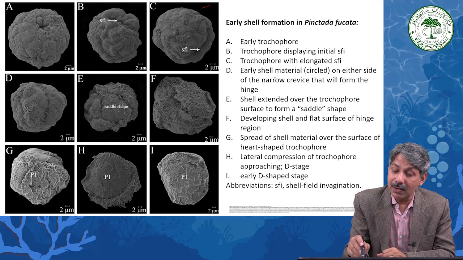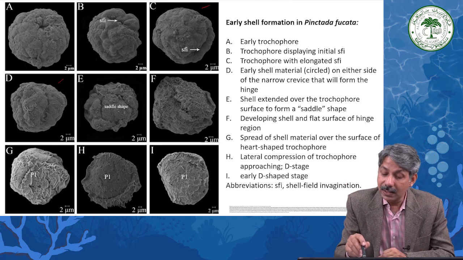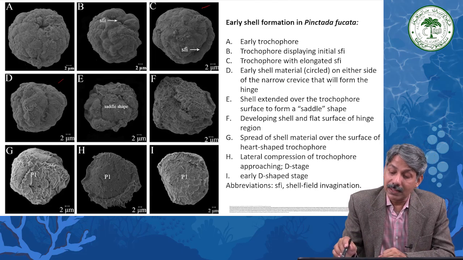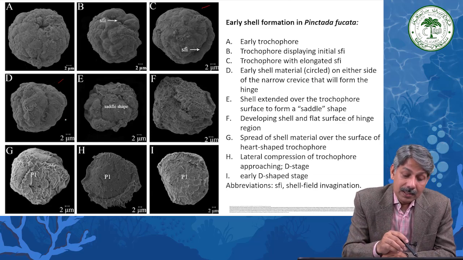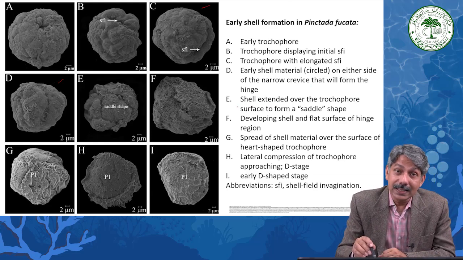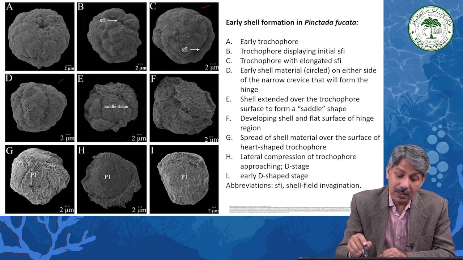Then in D, we have early shell material on either side of the narrow crevice that will form the hinge. It is followed by E, where shell extended over the trochophore surface to form a saddle shape.